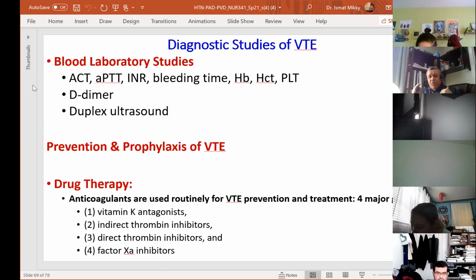The protocol will include a list of different measures from the least to the most aggressive: heparin, Lovenox, enoxaparin, and the least would be ambulation, right? So you can refer to your institution's protocol to see exactly what it specifies to prevent blood clotting or the VTE.